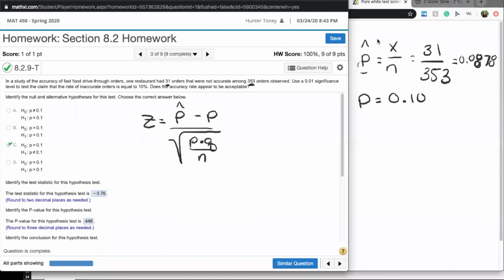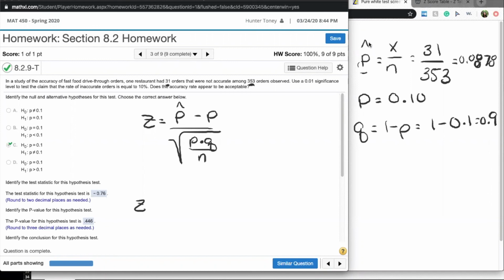So we don't need q-hat for this particular equation, but we do still need q. So q is always just equal to 1 minus p, so it will be equal to 1 minus 0.1, which is 0.9. Once we do that, we actually have everything that we need to fill in the problem.